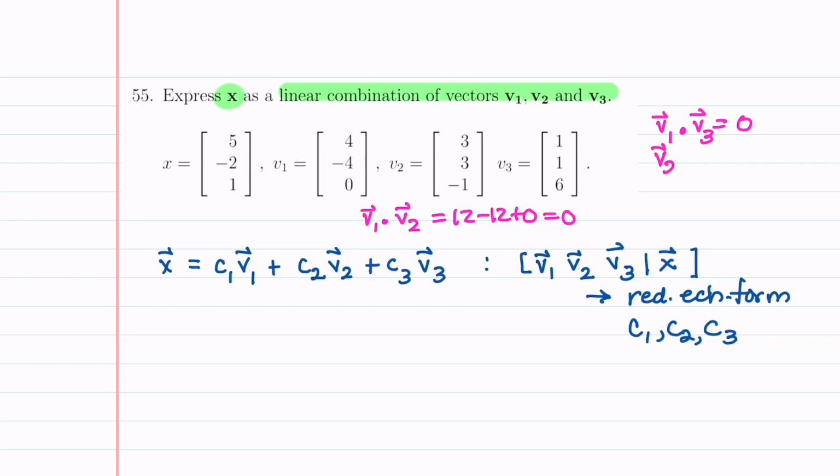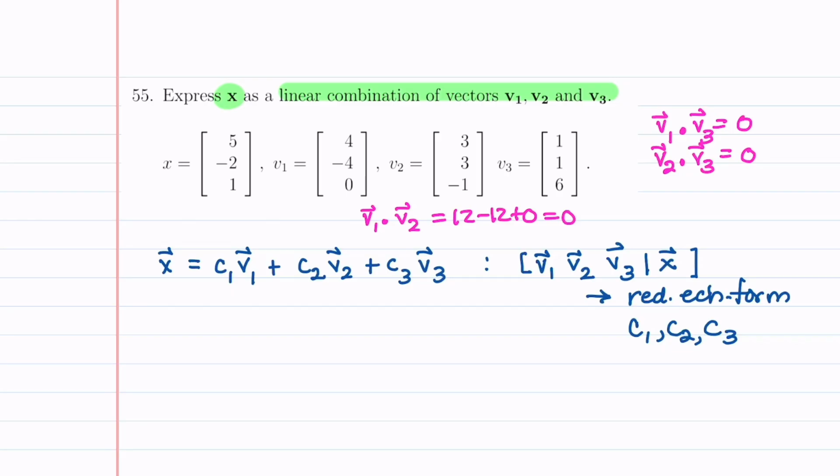And then lastly, v2 dotted with v3 is going to give us a 3 plus 3 minus 6, which is also 0. So in this problem, our vectors are orthogonal to each other, so there's actually an easier way that we can express x as a linear combination of these vectors. And that way is going to use dot products.